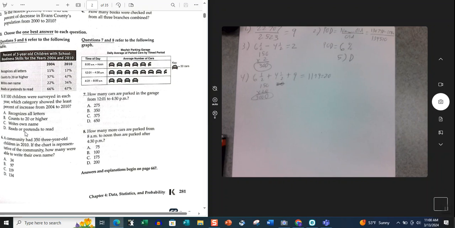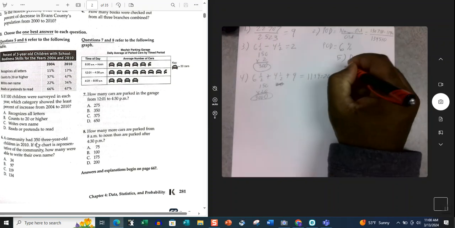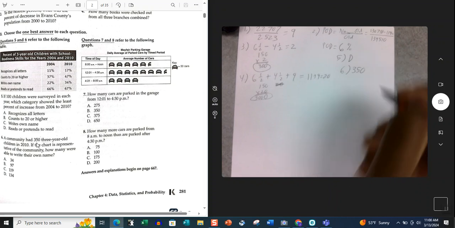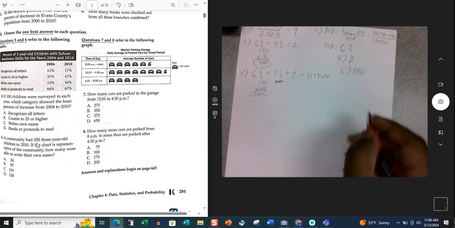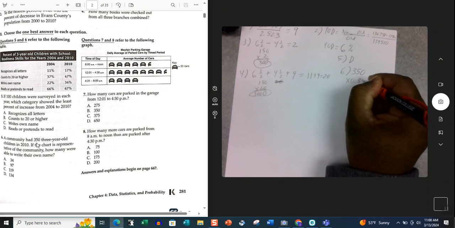Okay, now number 6. A community had 350 3-year-old children in 2010. If the chart is representative of the community, how many were able to write their own name? So we're looking at 2010. We're looking at write own name at 34%. So they tell us it's 350 children, and it's at 34% that they're able to write their own name.